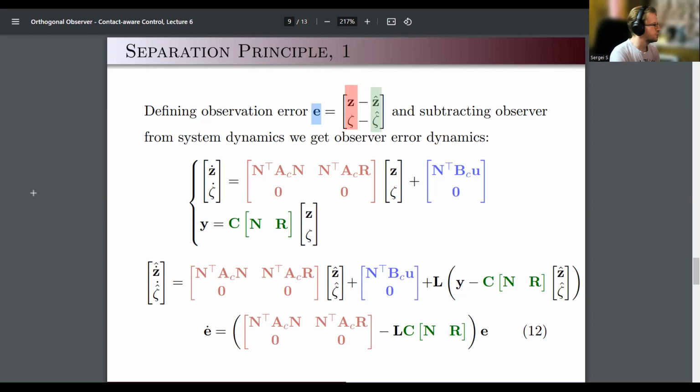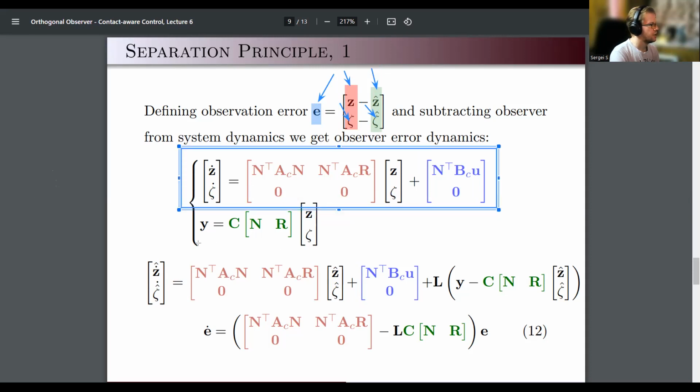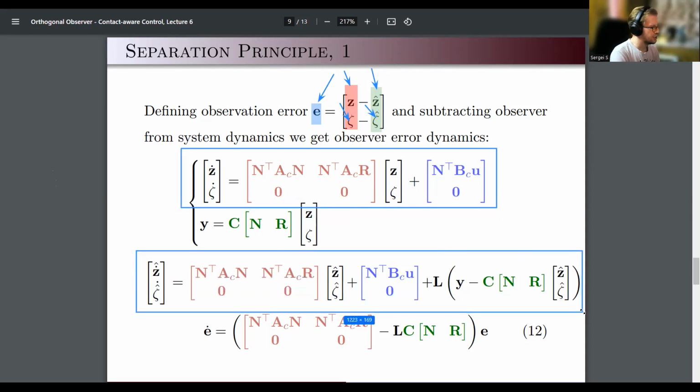How do we find dynamics of estimation error? Well, basically, we differentiate this expression. So E dot would be equal to Z dot minus Z hat dot, zeta dot minus zeta hat dot. Just differentiate this. What it means in practice is we take this expression minus this expression. So we subtract the second from the first.